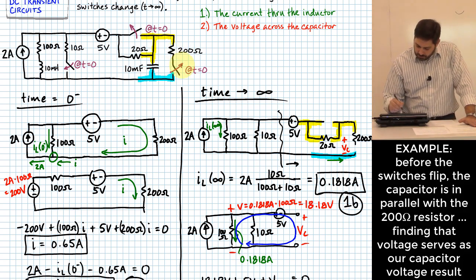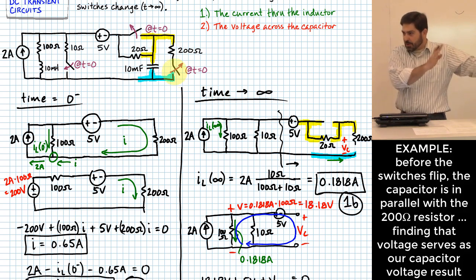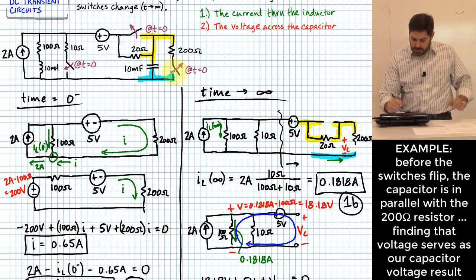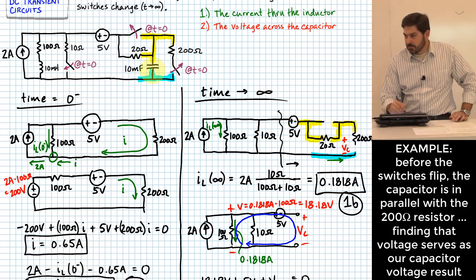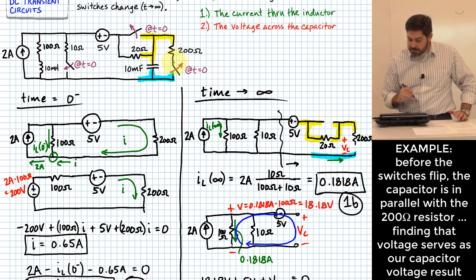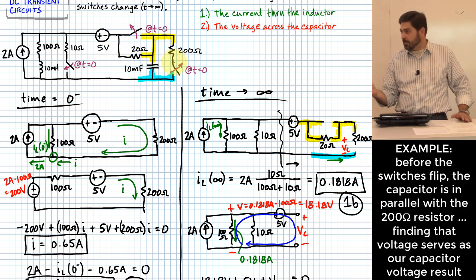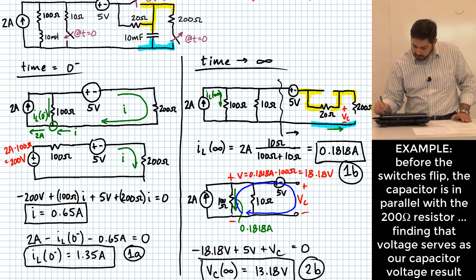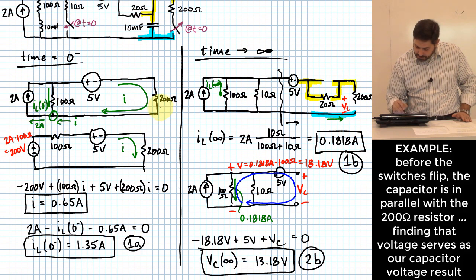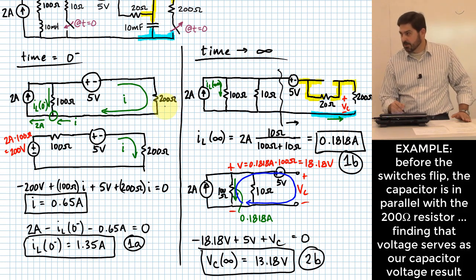Notice here how when these switches are closed, which is what it is at time 0 minus and earlier, the 200 ohm resistor connects across the same 2 nodes as the capacitor. So whatever voltage I have on the 200 ohm resistor is going to be the voltage that I have on the capacitor, right? So that means I can carry forward, even though I've eliminated the capacitor, whatever voltage I get on this 200 ohm resistor, that's the voltage I'm looking for.